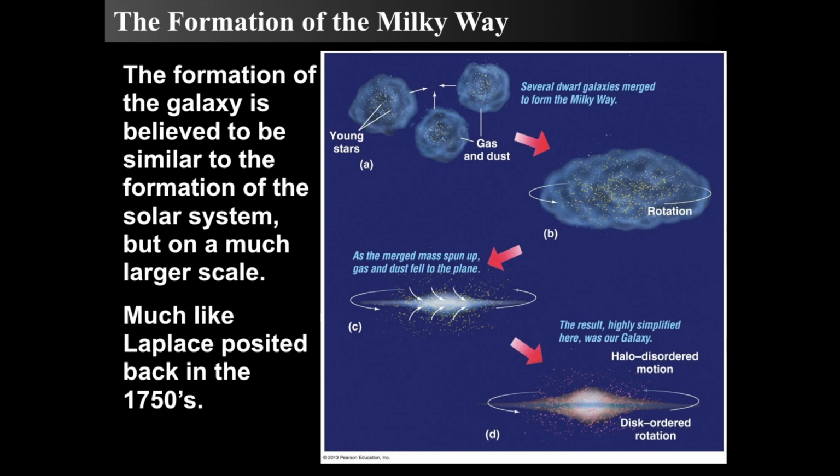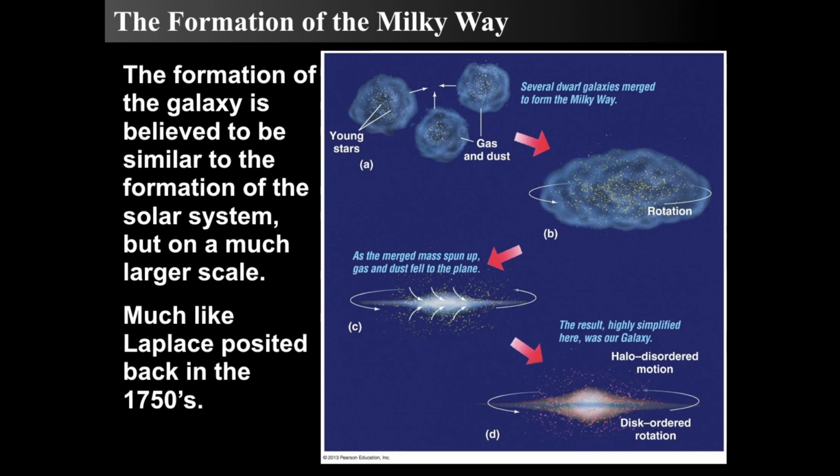And as they collapse together, there will be some orientation that gives a general rotation to the whole thing that is the average of all of their angular momenta. And it will flatten along the axis of that average rotation to make a disk. Once it does so, the gas and dust can then fall into the disk, because that's now where most of the matter is.